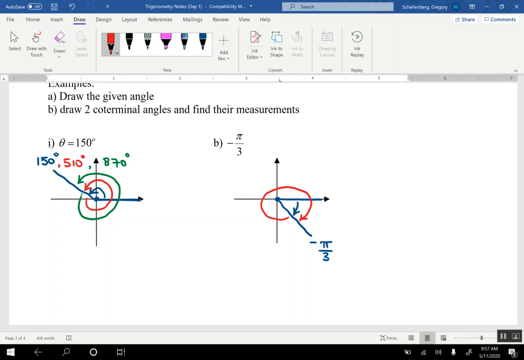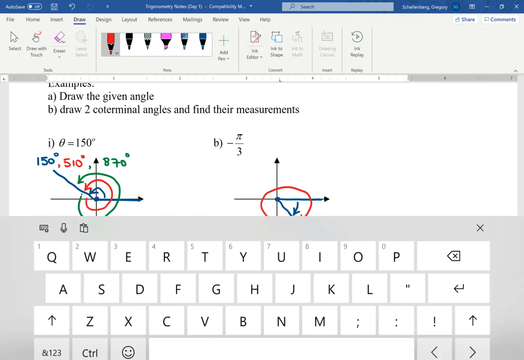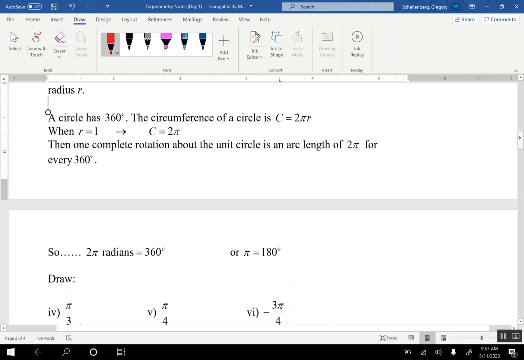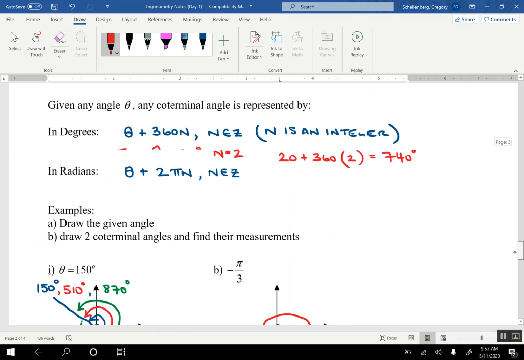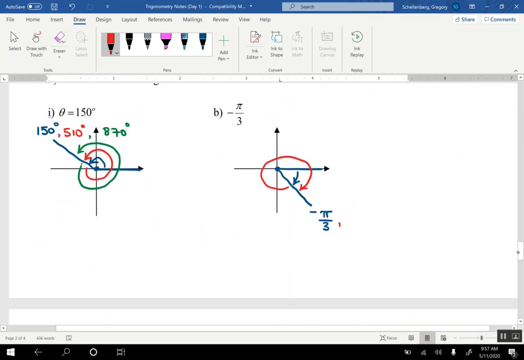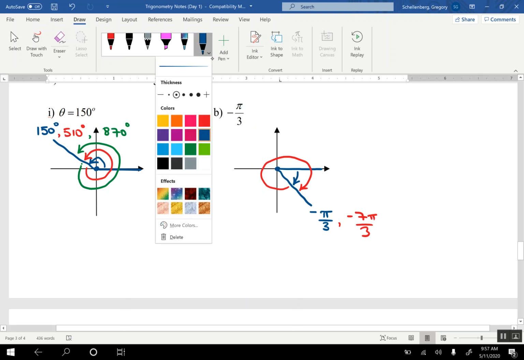Let's think about 2 pi radians as an equivalent angle, but with a denominator of 3. That's going to be -6pi/3. So our coterminal angle is going to be -pi/3 minus 6pi/3, which is -7pi/3. And let's go one more.